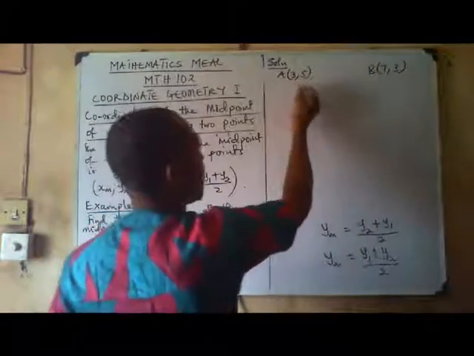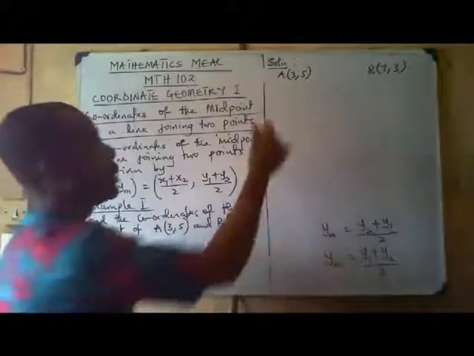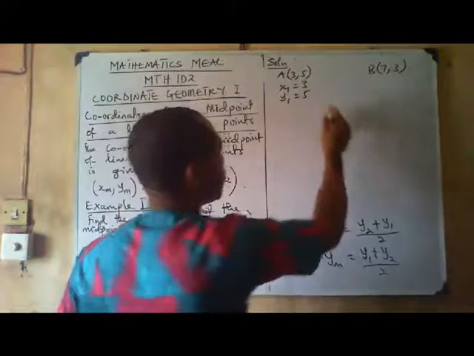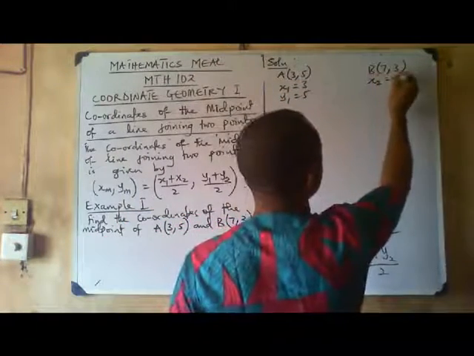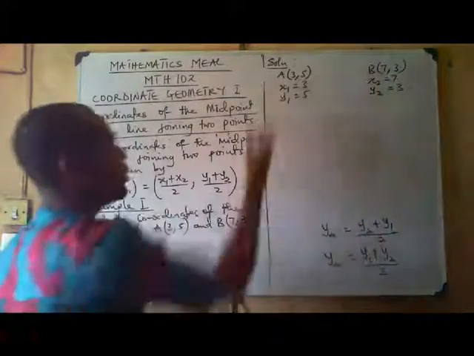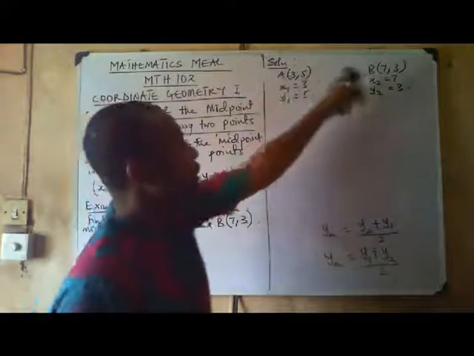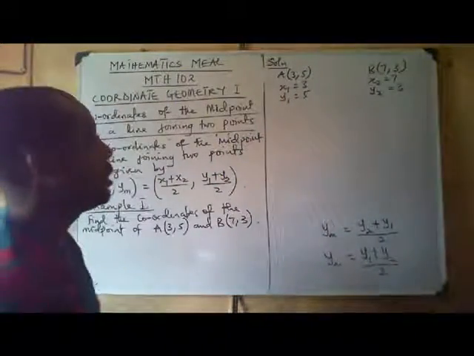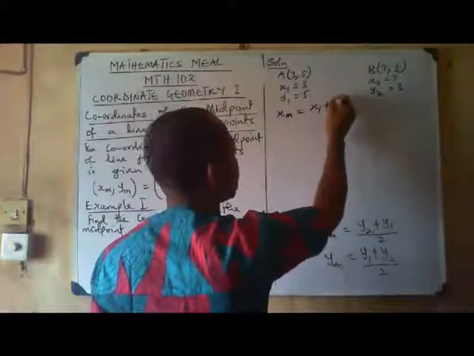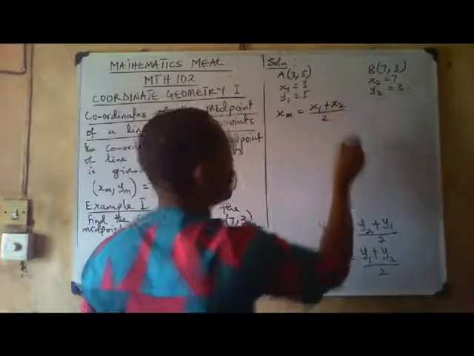Now from here we can identify our coordinates. x1 is 3, y1 is 5, x2 is 7, y2 is 3. Now what will be the coordinates of the midpoint of the line joining A and B? For x, xm is x1 plus x2 divided by 2.